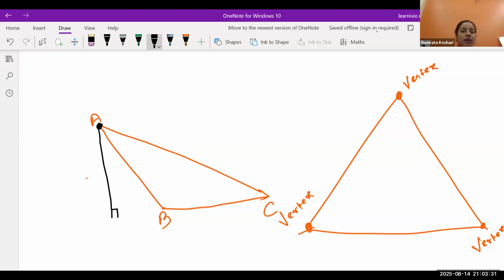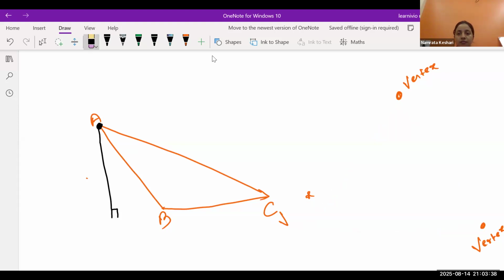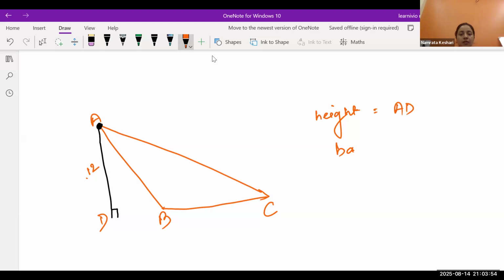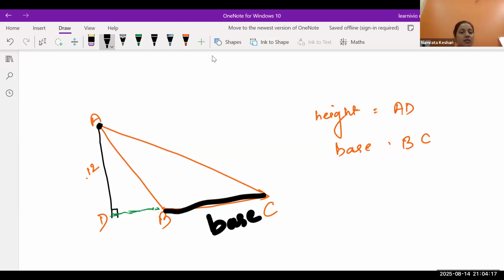अगर ऐसा हमारा ट्रायंगल है तो हमें एरिया निकालते वक्त ध्यान से देखना, this AD length we have to take, height will be the length AD and base will be BC। क्यों BC? क्योंकि इस BC को ही एक्सटेंड करने, the moment we are extending this BC, it is just we are able to connect it with the AD। तो हमें एक्सटेंडेड लेंथ नहीं लेना होता है, हमें हमारे ट्रायंगल का साइड ही बेस लेना होता है, बेस। Okay, this is the base and this is the height.